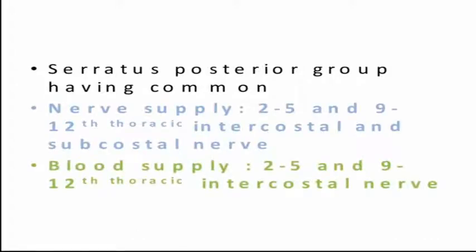The serratus posterior group has nerve supply from the 2nd to 5th and 9th to 12th thoracic intercostal and subcostal nerves, because the 12th thoracic nerve is the subcostal nerve, it's not the intercostal nerve. Blood supply is also the same.